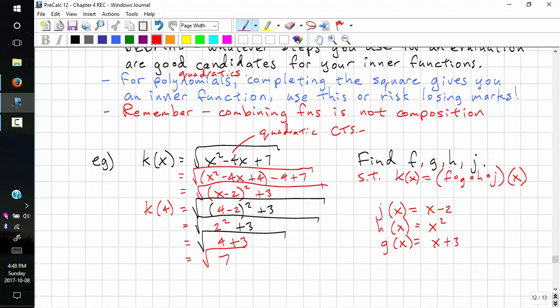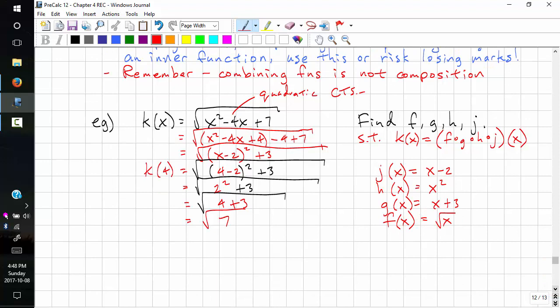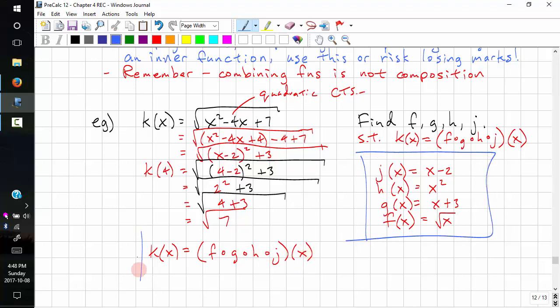So we're taking square root of our value. So f of x equals square root x. So k of x equals f of g of h of j of x. And that is part of our answer as well.